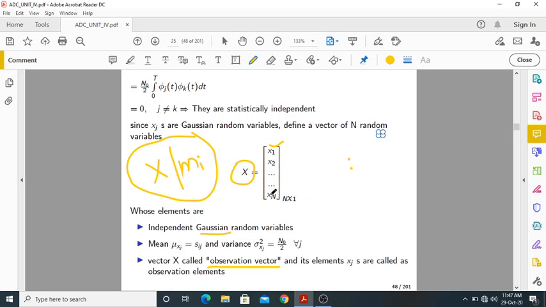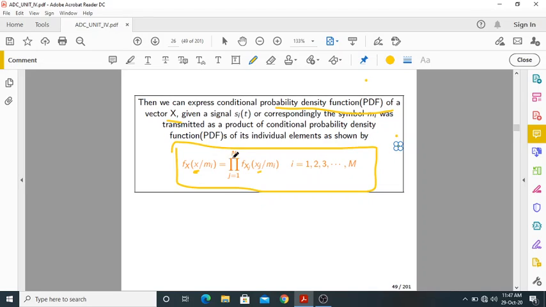How can I do so? I can do so because they are independent of each other. So vector X contains n elements, but those n elements are independent of each other. That's why the conditional PDF of this vector is equal to the product of individual PDFs. So this is what the statement says.